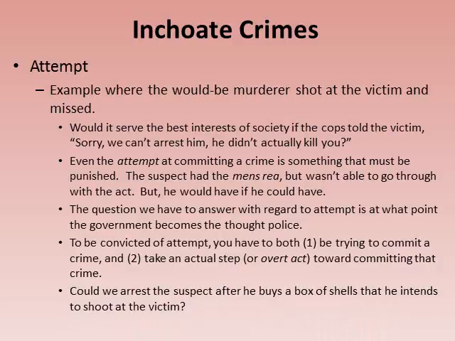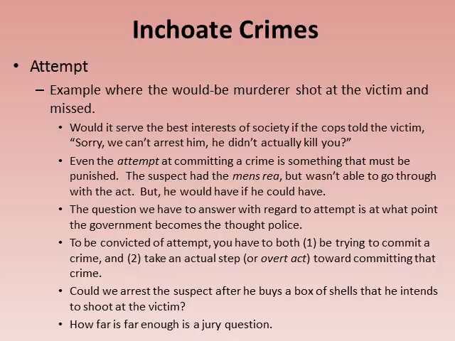Now, sometimes there's a question of how much of an action is actually enough of one to throw someone in jail. What if the person in our example hadn't actually fired the gun, but just went and bought the box of shells that they were going to shoot? Is that enough? Probably it is, but sometimes it gets far enough back in the timeline that it becomes a little bit of a gray area.